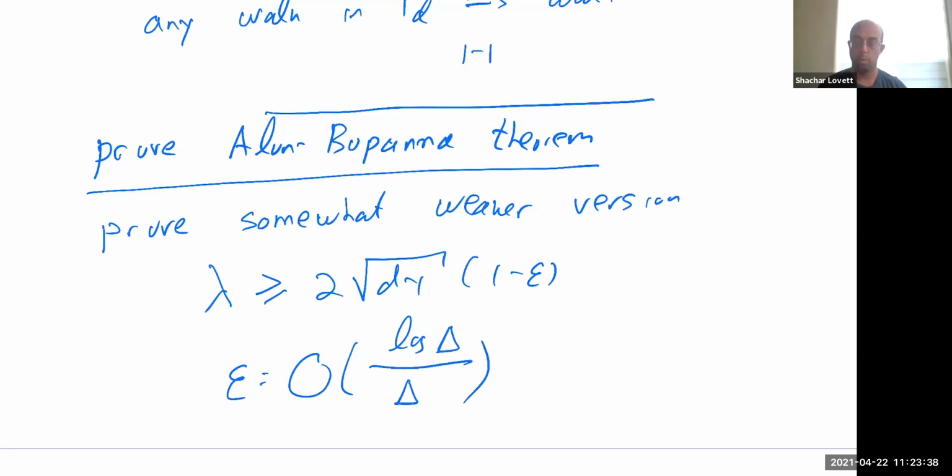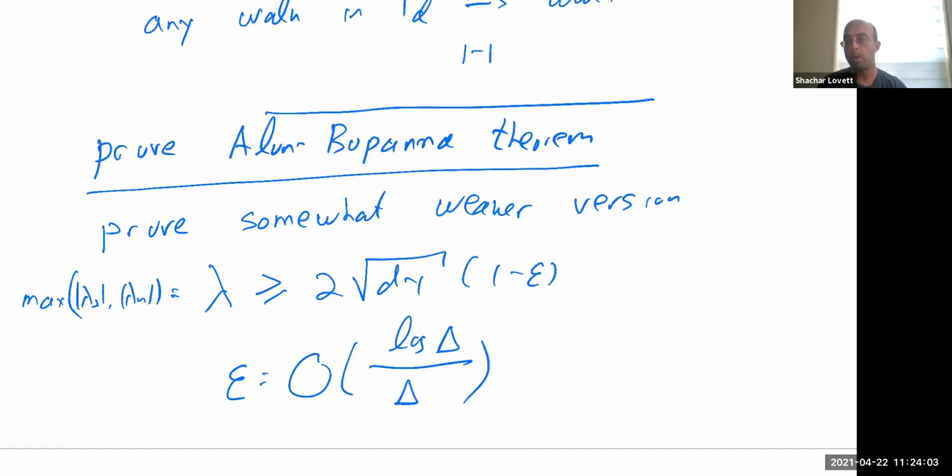So it's going to be weak in two different ways. Maybe the most significant is that we don't prove a lower bound on lambda 2, but we prove a lower bound on lambda, which, to remind you, is just the maximum of lambda 2 and lambda n. So it's a weaker lower bound, and also the error dependence of epsilon on the diameter is slightly worse, but that's maybe a much smaller difference.